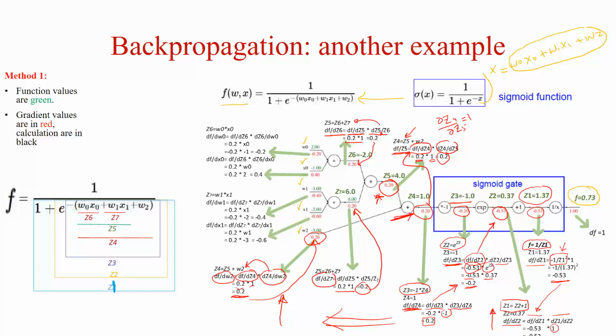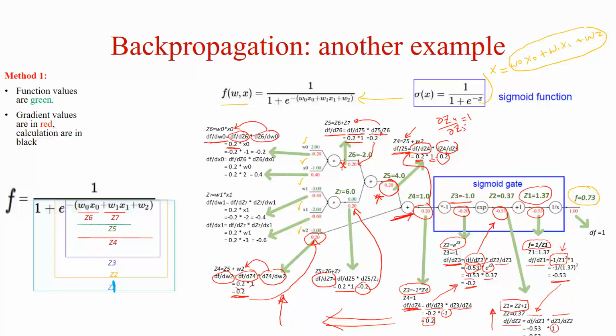Now let's see, if I want to compute delta f over delta w0, this is equal to delta f over delta z6 multiplied by delta z6 over delta w0. I have already computed delta f over delta z6, which is right here, so I can take this 0.2 and plug it here.